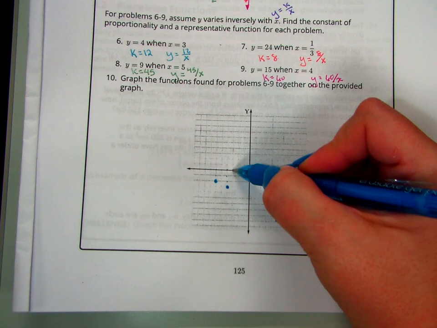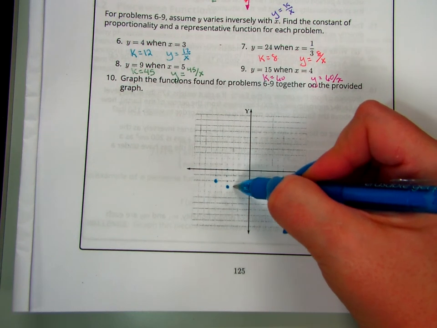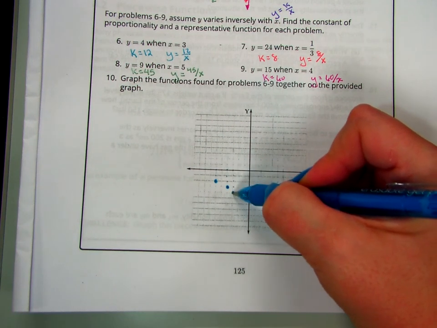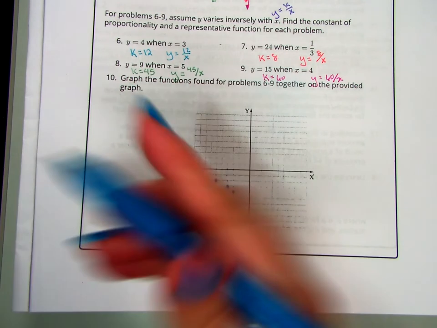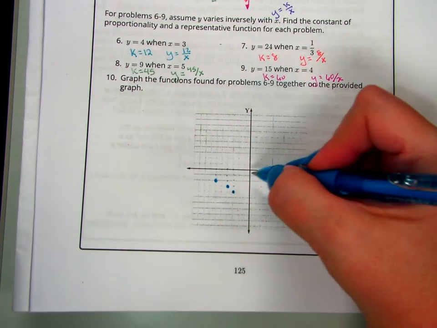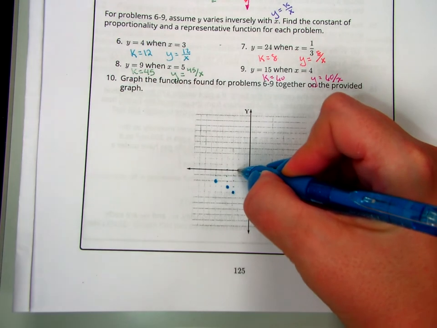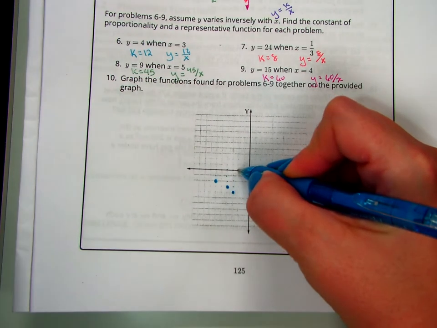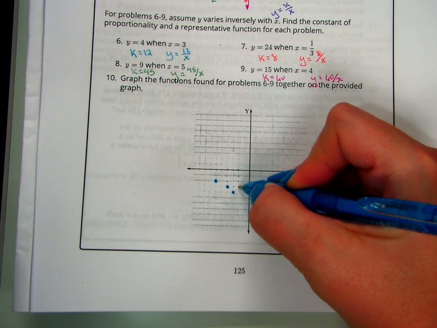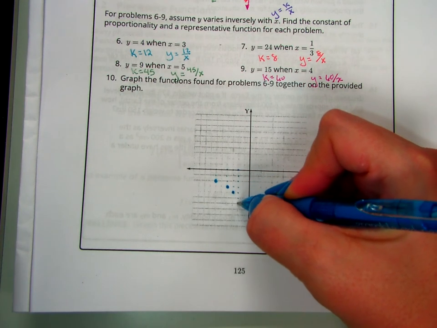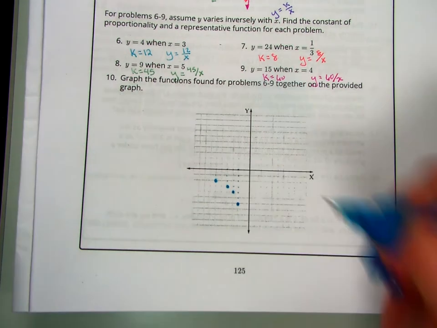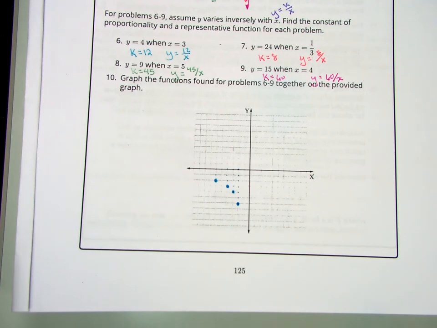And then -3, if I divide 12 by -3, I get -4. And then -2, if I divide 12 by -2, I get -6.